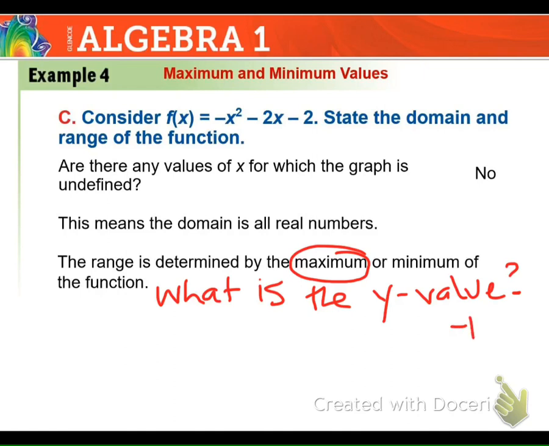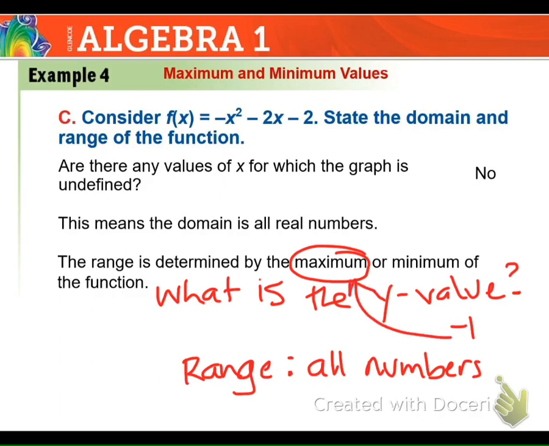Okay, so because it was -1, the range can be all numbers. Since -1 is a maximum, it'll be all numbers less than -1.